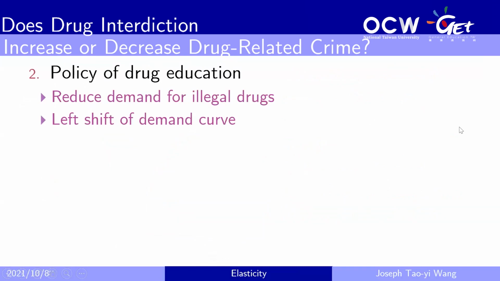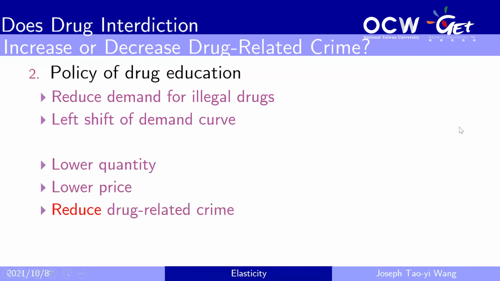You shift the demand curve to the left. So you have lower quantity, lower prices, and so you are going to reduce drug-related crime. Up to here, what we get is that you could have different policies to implement in your war on drugs, but some may backfire. Some may actually be good, be productive.